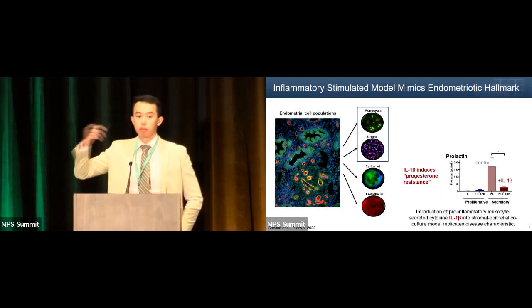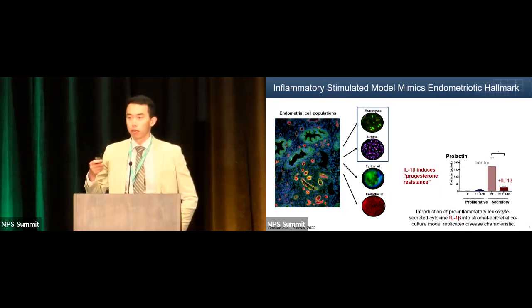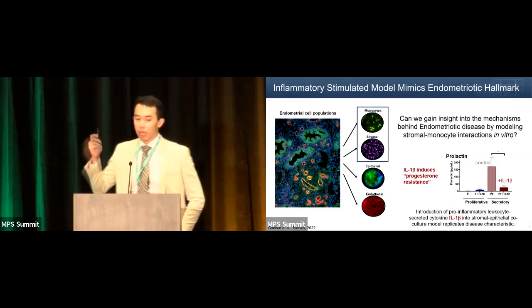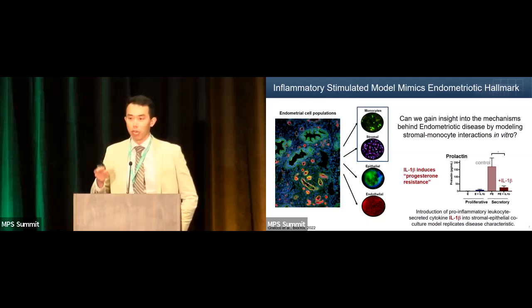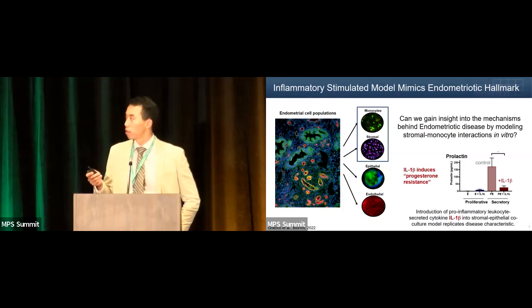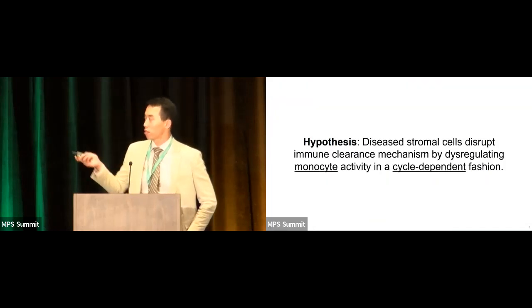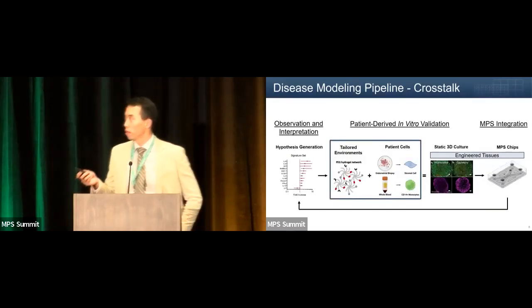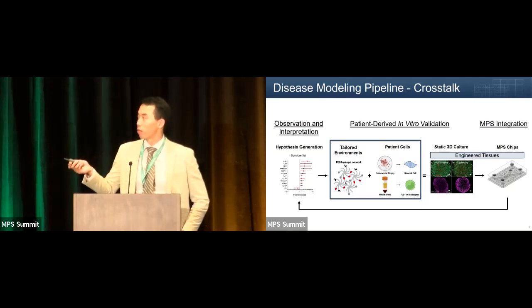Because in a pro-inflammatory environment, monocytes are known to potentially secrete IL-1 beta. So can we gain insight into the mechanisms behind endometriotic disease by modeling these interactions in vitro? This was the hypothesis: that diseased stromal cells disrupt immune clearance mechanisms by dysregulating monocyte activity in a cycle-dependent fashion. So now I'll quickly talk about how we model these systems, first with the PEG-based ECM.